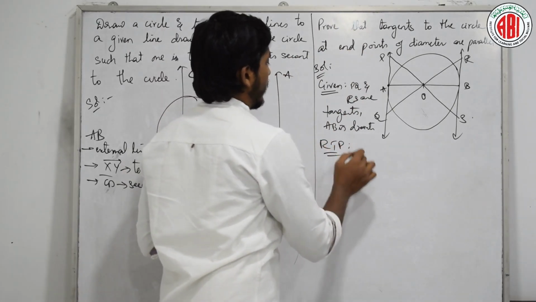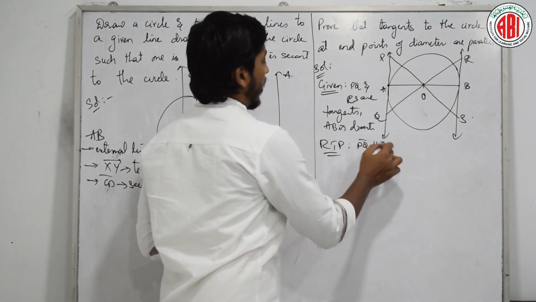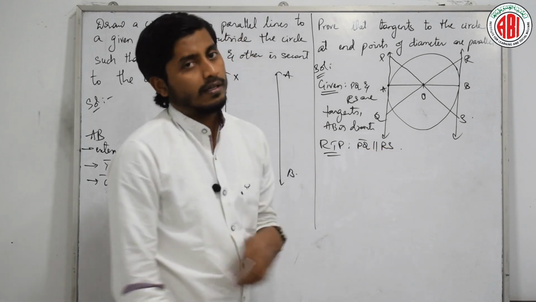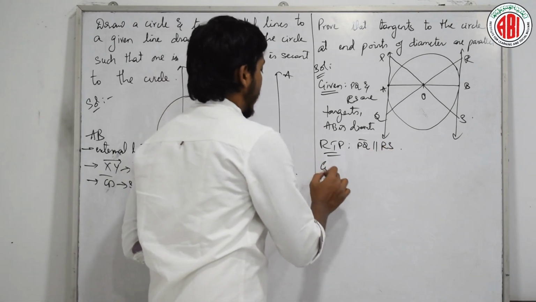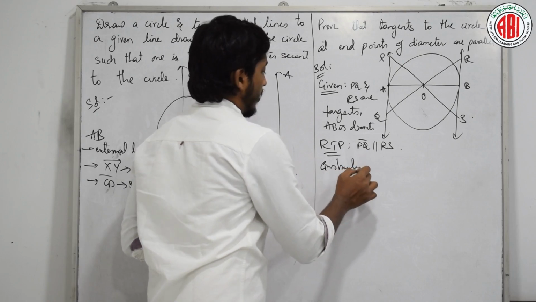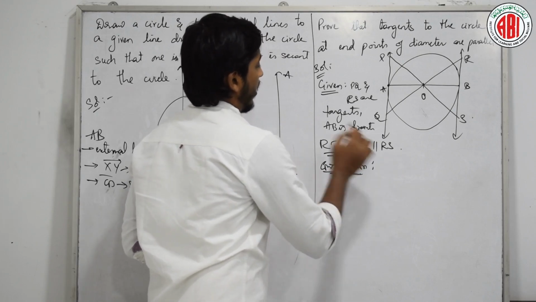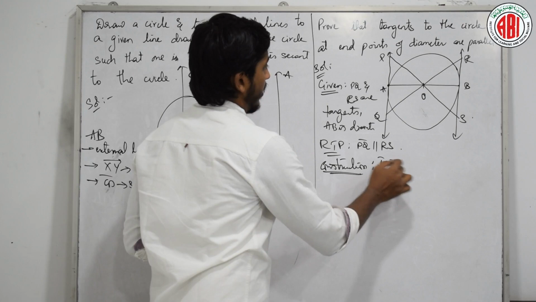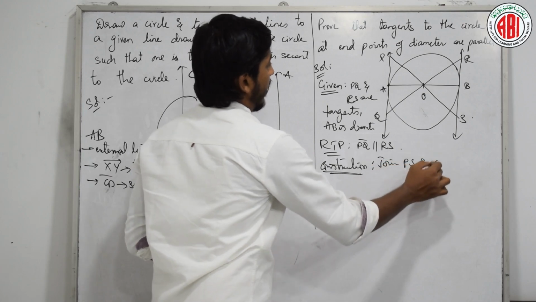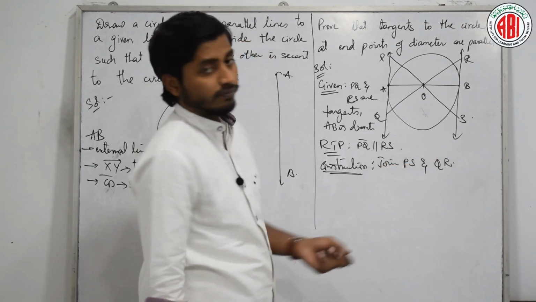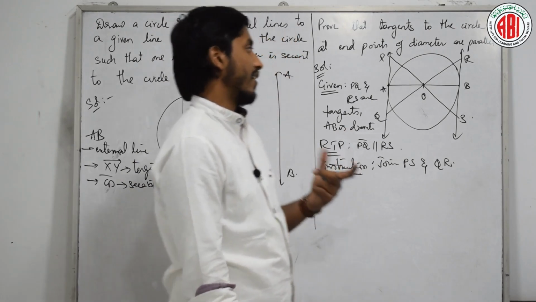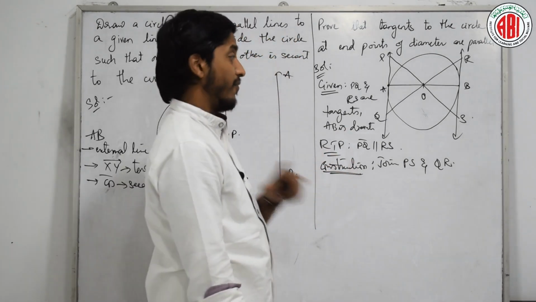RTP is PQ parallel to RS. Okay, for construction, what will we do? Join PS and QR. Okay? Now see here. This will be a kind of twist and very simple to understand.